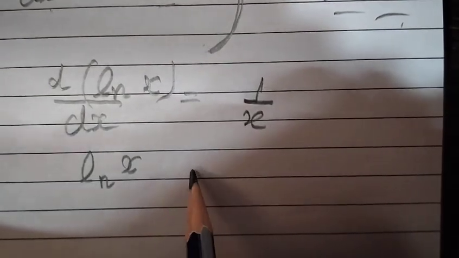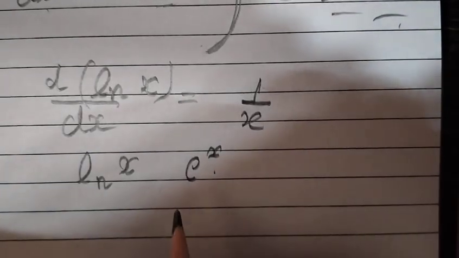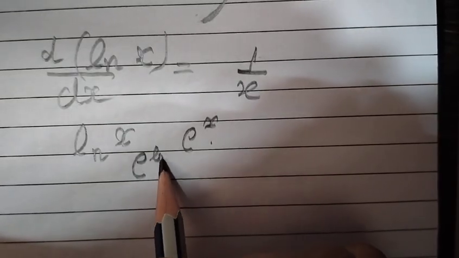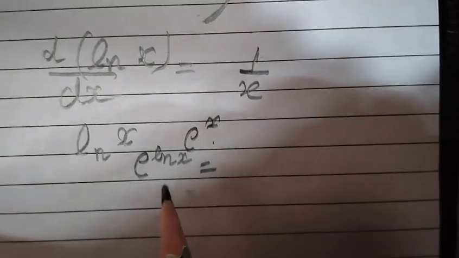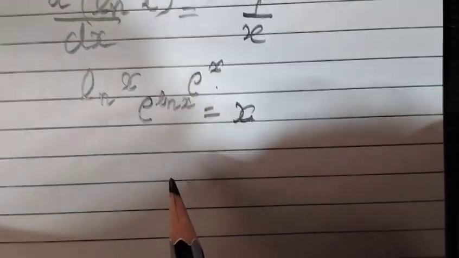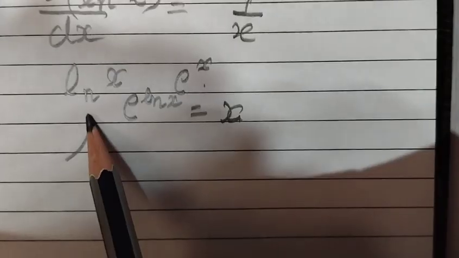Actually, the natural logarithm of x is the inverse of Euler's number raised to power x. That means this is equal to x. Okay, these are the rules that come in logarithms, etc. We are going to catch up to that later.